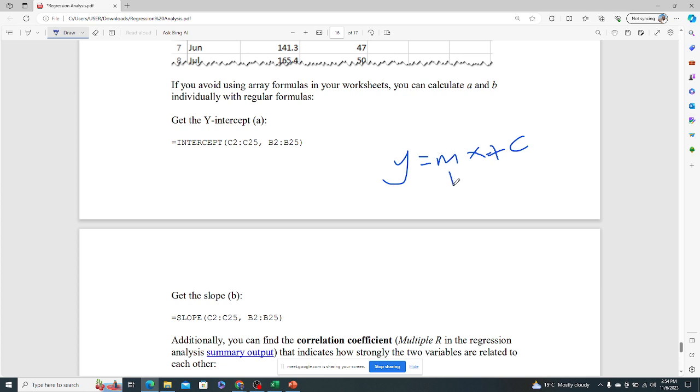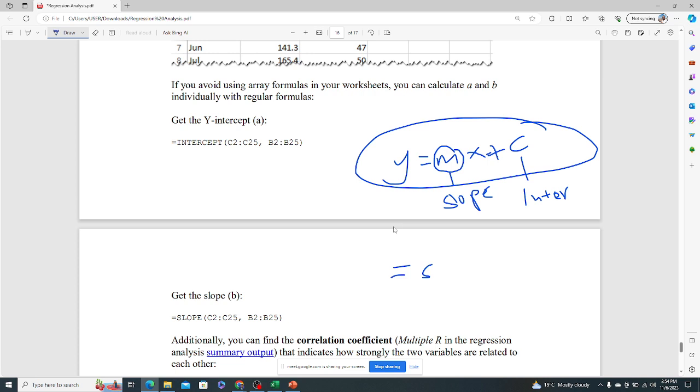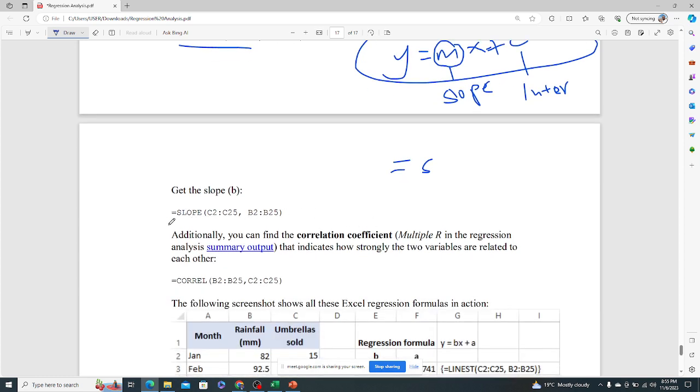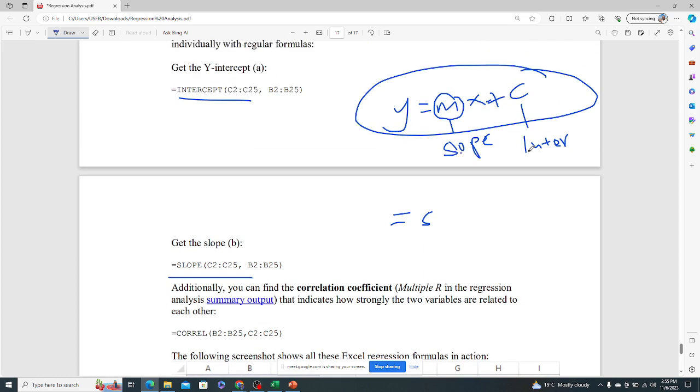For example, we know this is the slope, so the other method is to use the SLOPE function to determine the value of the slope, which is the variable attached to x. You can also use the INTERCEPT function to calculate the intercept of your model. Basically, this is how we use Excel's inbuilt functions to calculate the slope and the intercept.